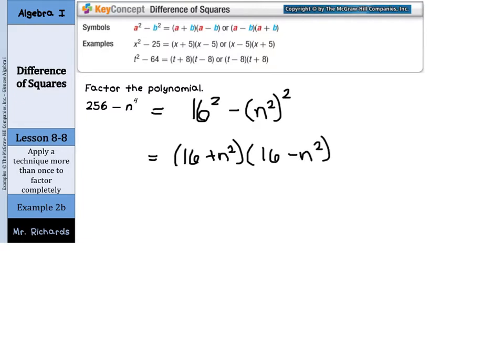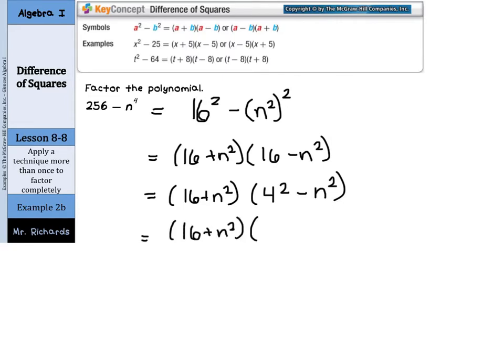And just like in our previous example, we'll keep this 16 plus n squared, but we can rewrite this 16 minus n squared into 4 squared minus n squared, so that this is now 16 plus n squared times 4 plus n times 4 minus n.